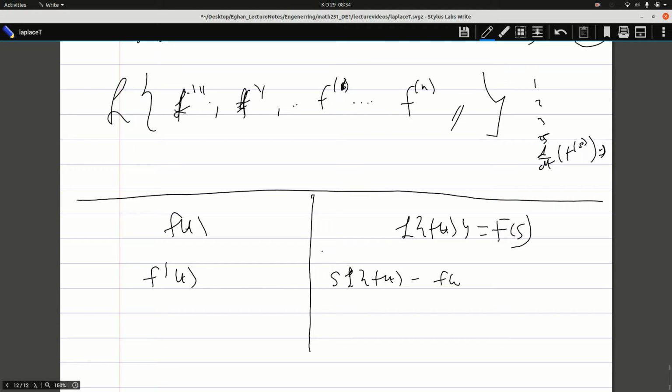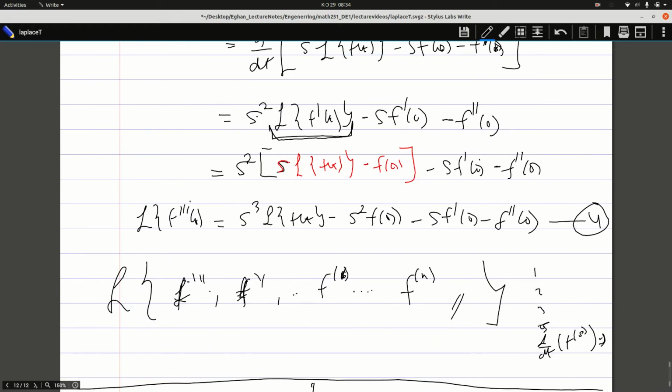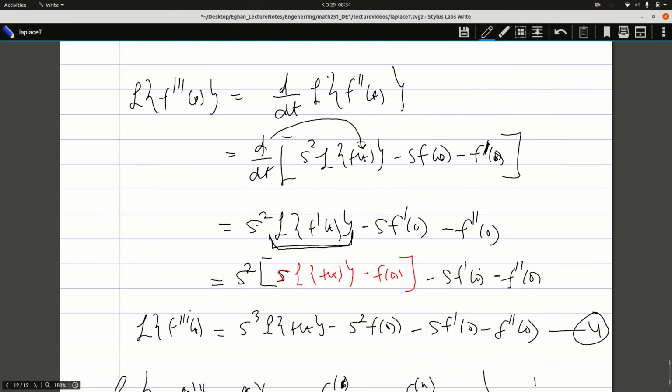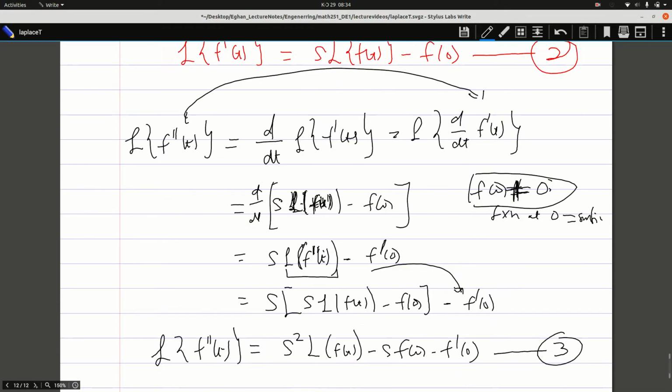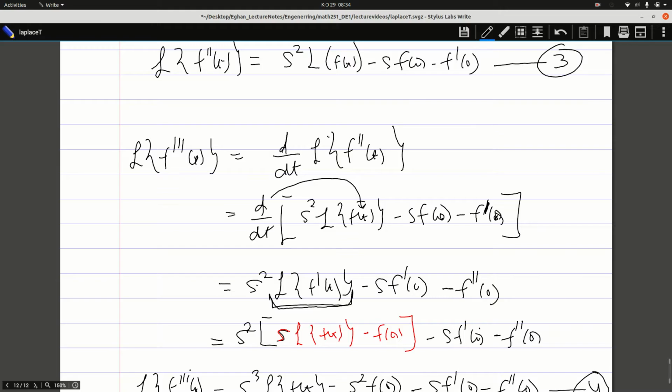When it was the second derivative, we had s squared, minus s f at 0, minus f prime at 0. I hope I'm correct with that substitution. Yeah, I'm correct. Let me just confirm. Yeah, sorry for the scrolling up and down.